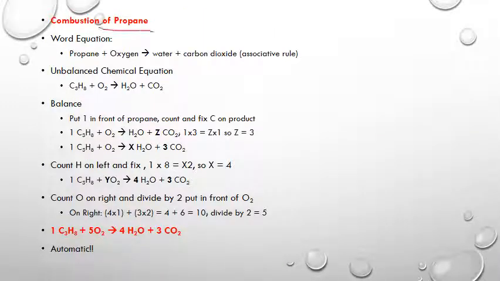Combustion of propane. Again, do the word equation, put propane, and finish off. Okay, one thing I want to make sure you understand is, notice in this one I put water plus carbon dioxide. And I think there's a rule in math that's called the associative rule or something that says, 1 plus 3 is equal to 3 plus 1.